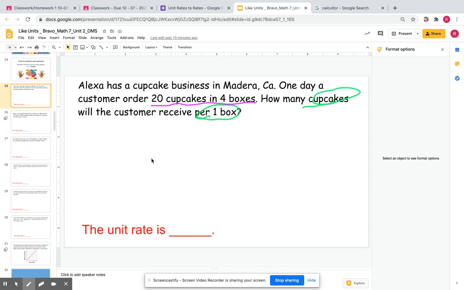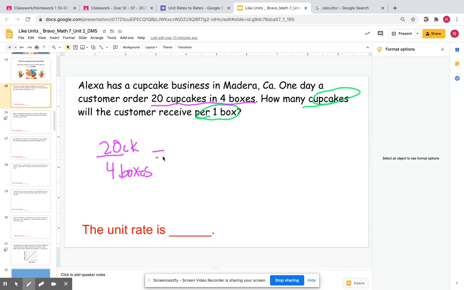Before we even start writing anything, we're going to ask ourselves, what is the rate in the problem? How many cupcakes per boxes do we have? Write the fraction down. I hope you're able to recognize that there was 20 cupcakes, CK for cupcakes, for 4 boxes.